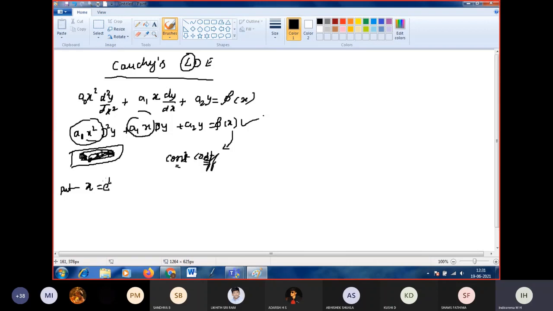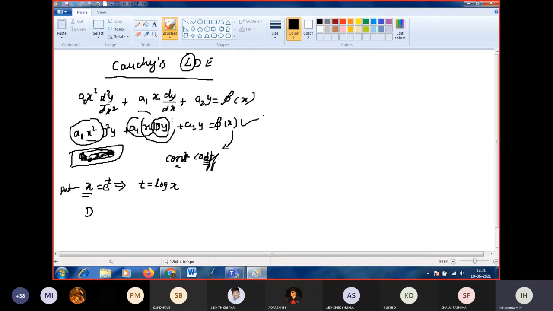If you put x equal to e power t, what is t? t is equal to log x. So x equal to e power t means t is log x. And with this substitution, we have x into dy.